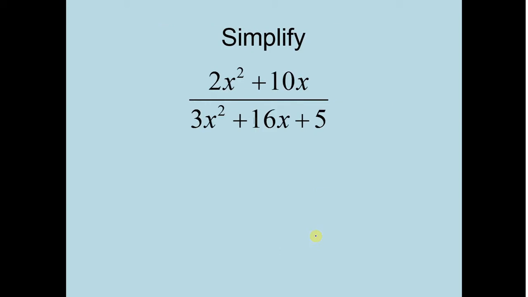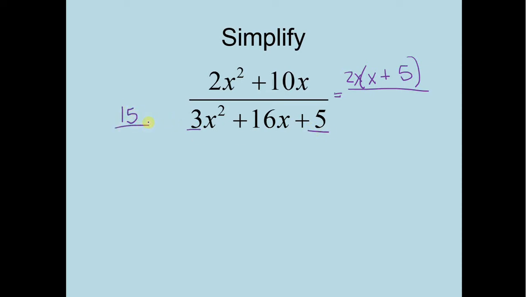What about this one? 2x squared plus 10x over 3x squared plus 16x plus 5. Top of it, notice how the 2 and the 10 share a 2. They both have an x. So let's factor out a 2x. So I'm going to have 2x times x plus 5, right? The bottom, we're going to need to do some AC method, it looks like. 3 times 5 is going to give me a 15.